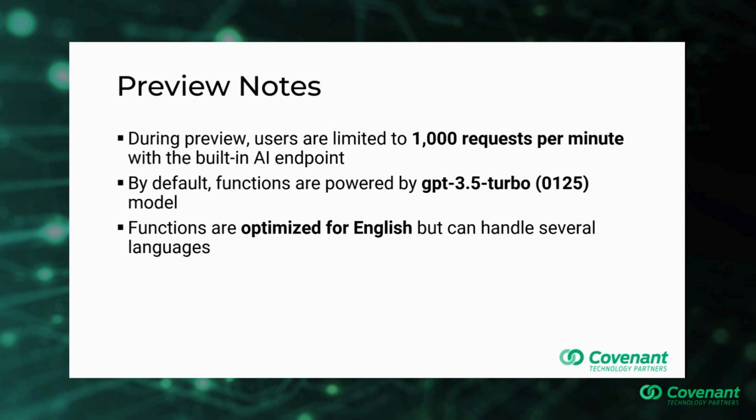But this is a pretty extreme throttle. If you have a data set that has more than 1,000 records in it, then you're guaranteed to wait at least a minute for the results to come back because of the way the throttling works, and that can be pretty slow. So this is not necessarily a feature that is fully ready for production.